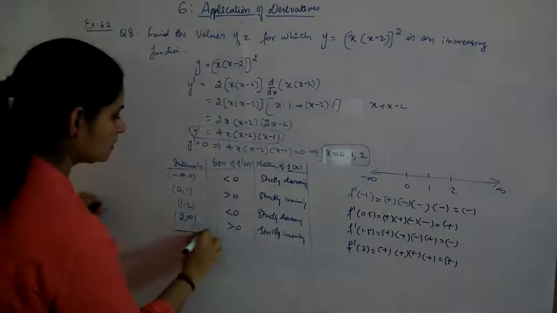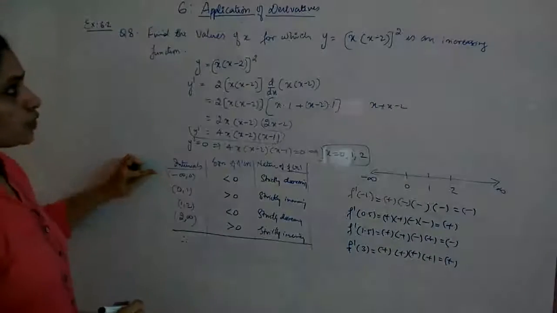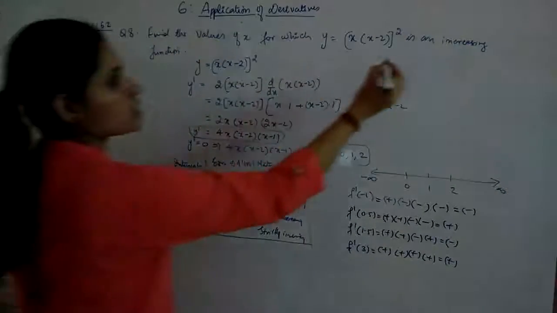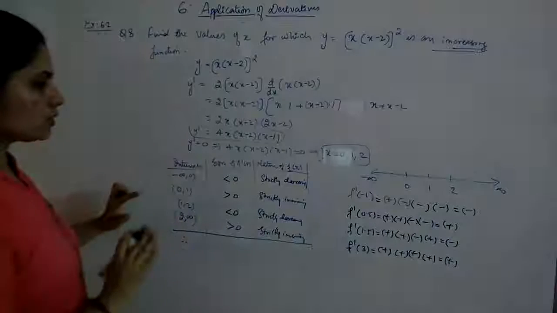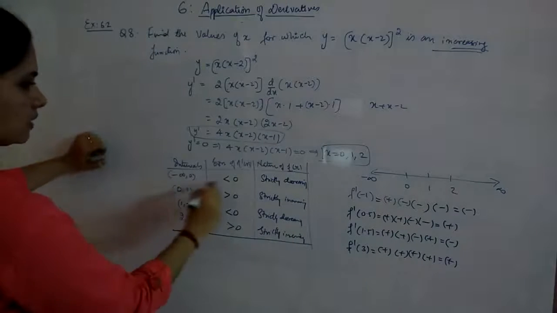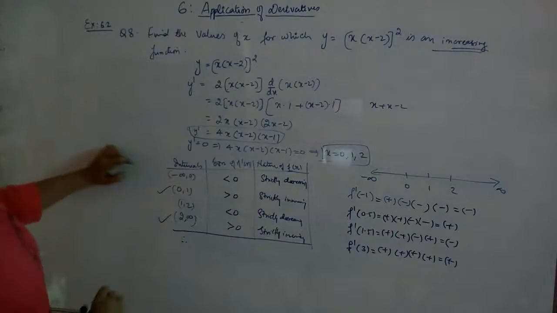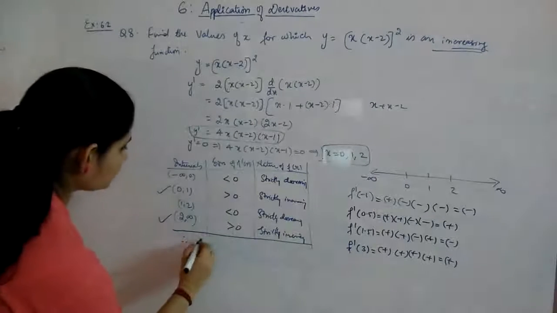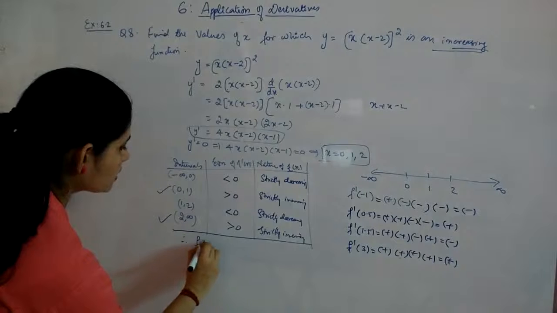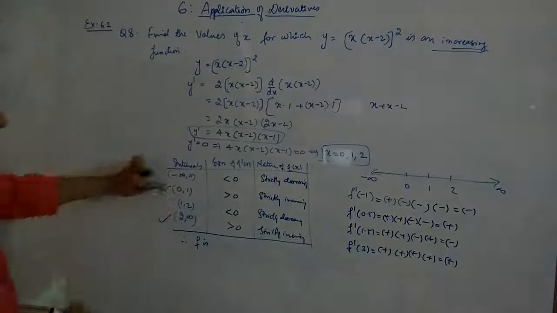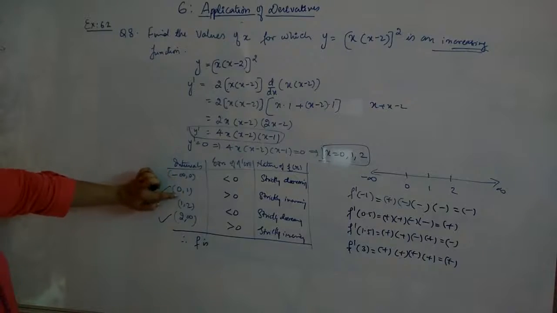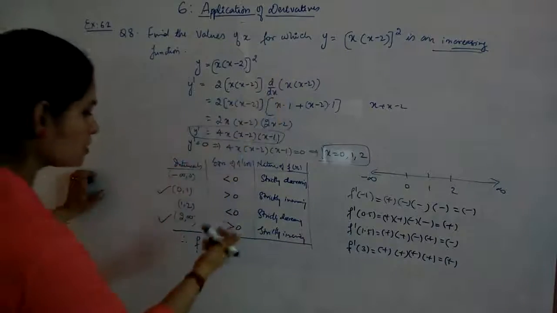So concluding, what they have asked is to find the values of x for which this function is increasing. So we need only that. When you say strictly, you will have an open interval. What you have been given is increasing only, so you can just close it.